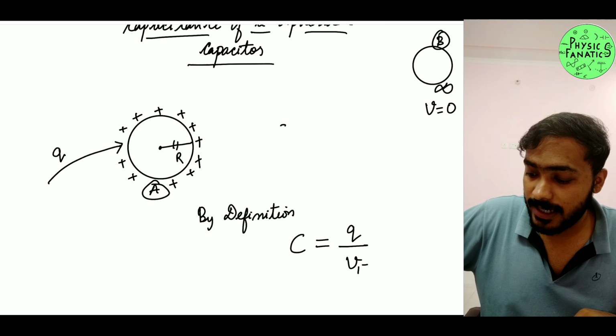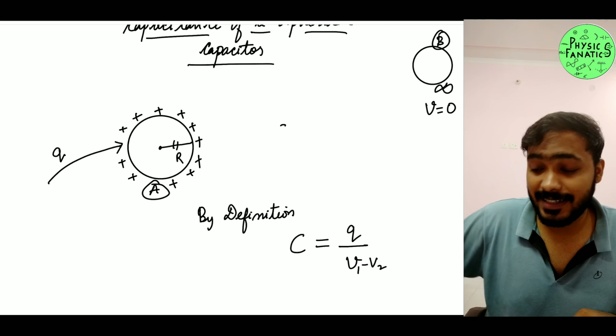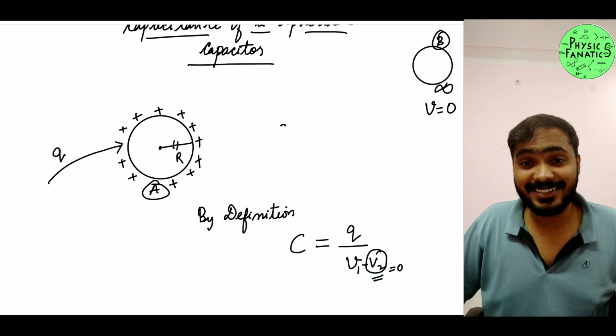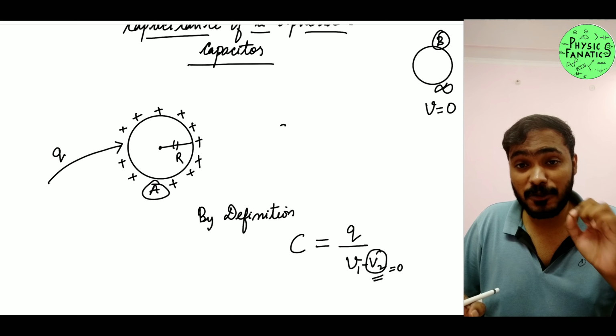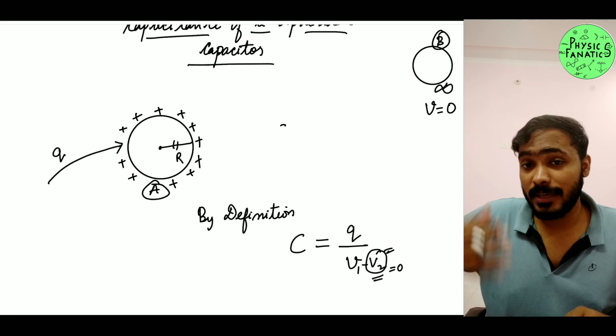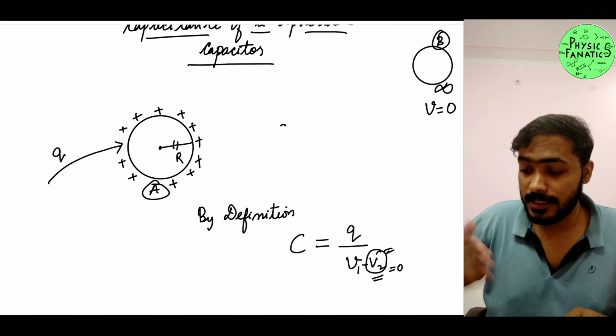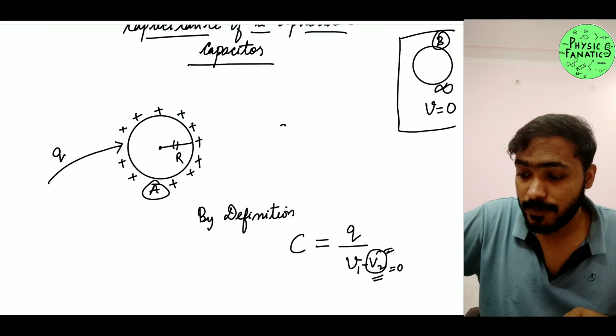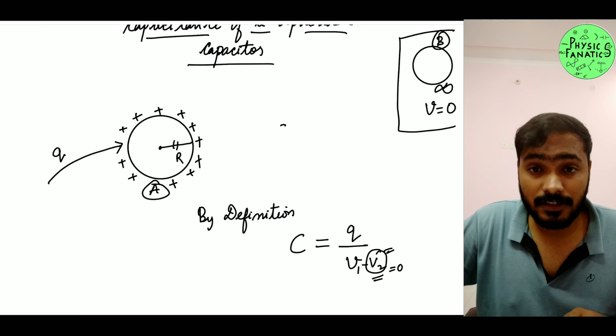So here I'll write V1 minus V2, but you have to understand the value of my V2 is actually 0 because my second capacitor is at infinity. So I hope you guys can understand it now, right? Because of this, I want to make my second potential value 0. That's why I have written V1 minus V2, and that's why the second capacitor is at infinity. Is that a yes or no?